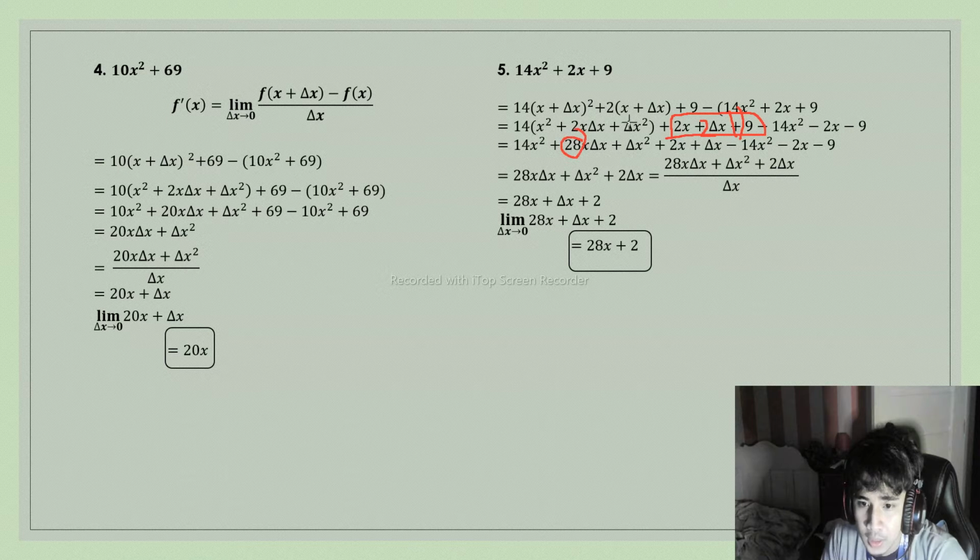Then, 14 times 1, 14 delta x squared. Plus, 2x plus delta x. Copy lang natin tong yan. Then, will give us, and this is our answer for the first step.